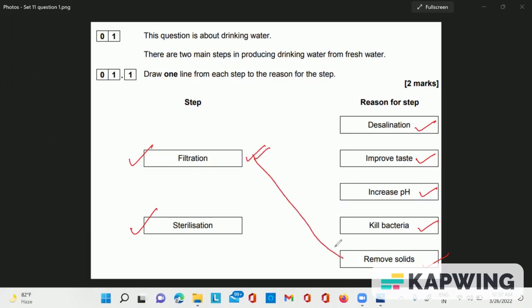Sterilization is a process which helps us to kill the bacteria. So definitely the reason for the step sterilization is killing bacteria. So for filtration, the reason is removing the solids, and for sterilization, the reason is to kill the bacteria.